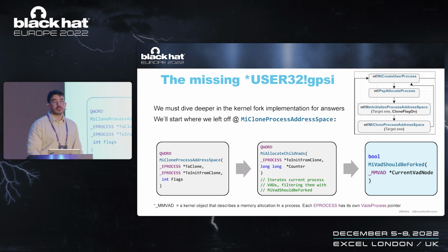Okay, I'm going to start things off with MiCloneProcessAddressSpace. As you recall, we took the dive from NtCreateUserProcess up to MiCloneProcessAddressSpace. And this is the function that does the actual clone from the parent to the child. It receives the EPROCESS of the parent to clone and the EPROCESS of the child to populate.